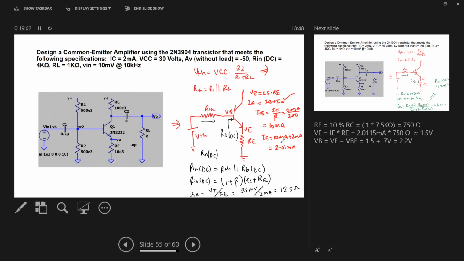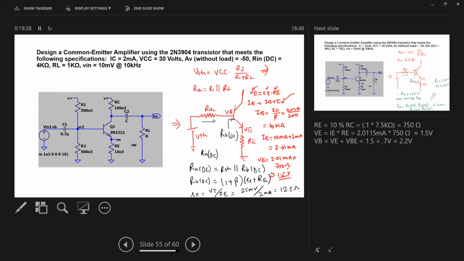With that value, we can multiply the value of IE with this RE to get the value of VE. So VE would be 2.01 milliamp multiplied by 750 ohm. That comes out to be 1.5 volts approximately.